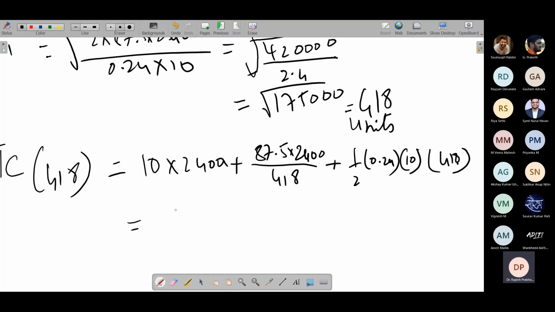So 10 into 2,400 is 24,000, plus 2,10,000 divided by 418 is 502.39, plus 0.24 into 10 into 418 divided by 2 is 501.6.